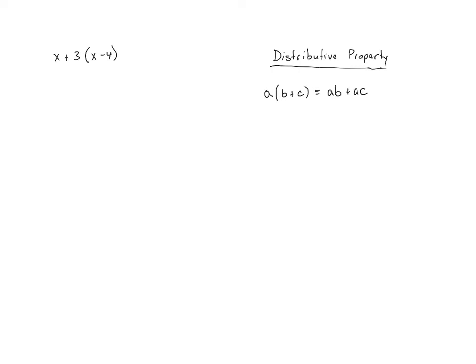So it's called the distributive property because this A is getting distributed to both the B and C. A gets multiplied by B, and it also gets multiplied by C.